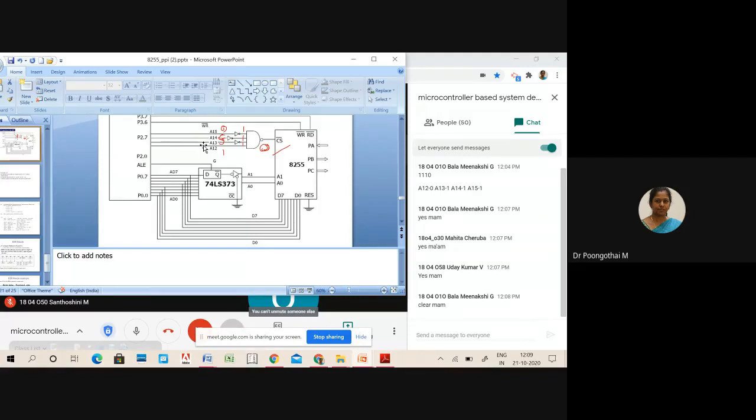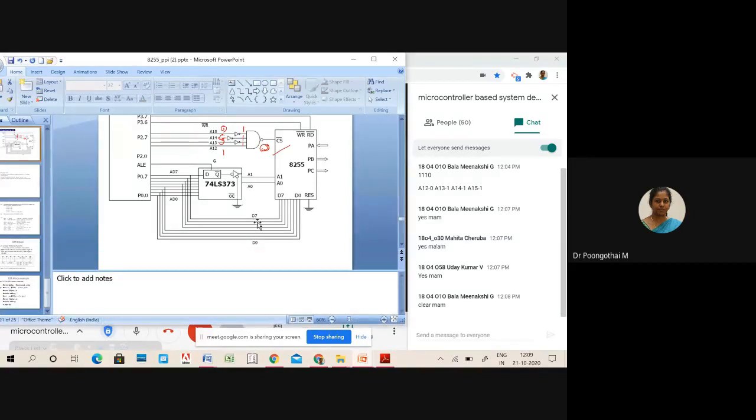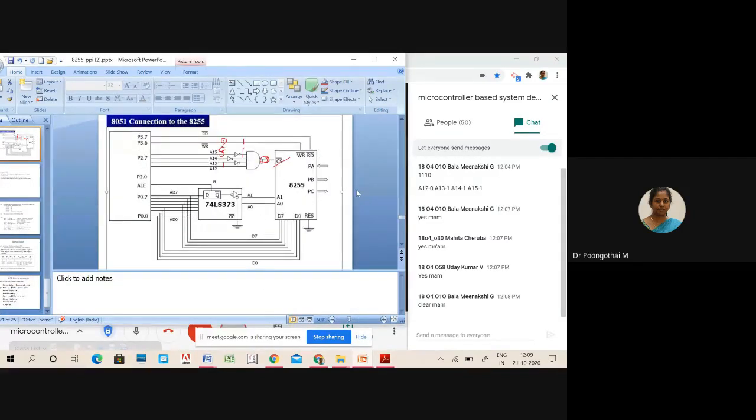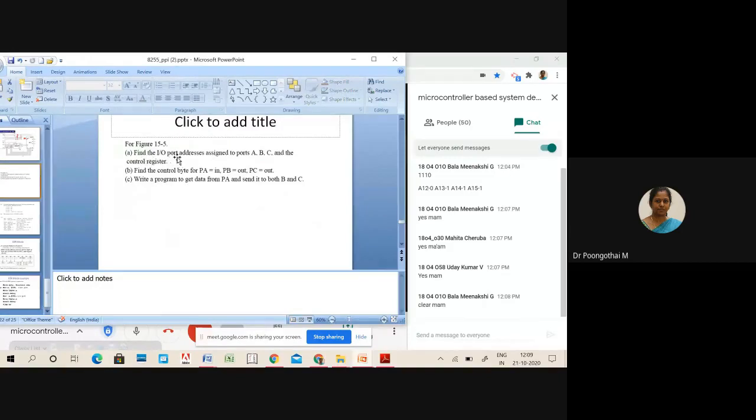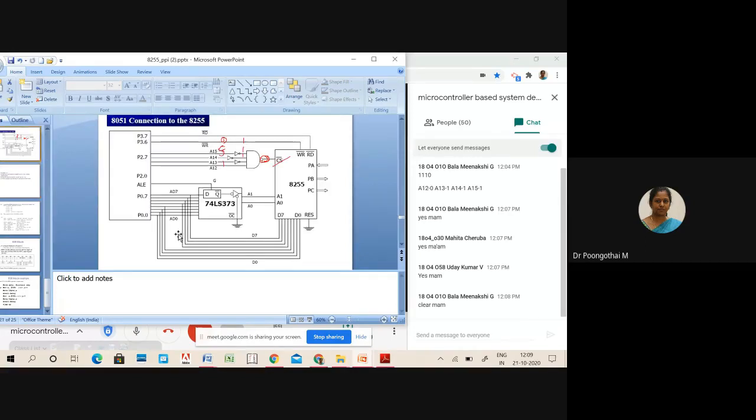And find out the internal address for port B, next port C, and control register. So find the IO port address assigned to port A, B, C, and the control register.